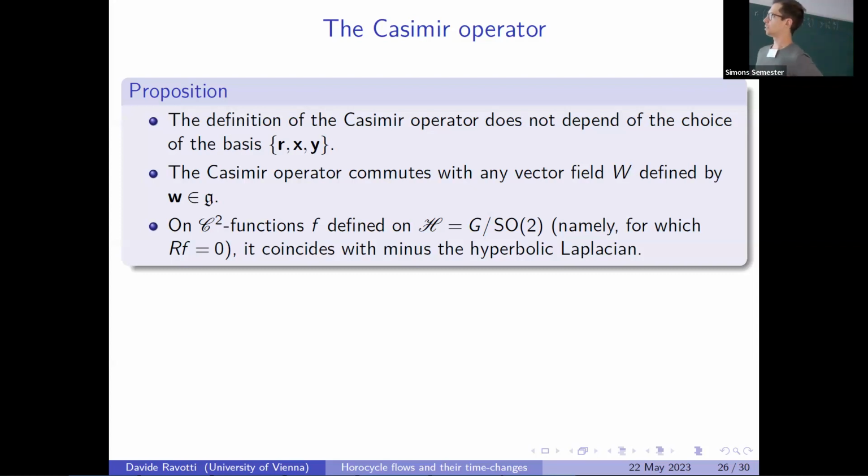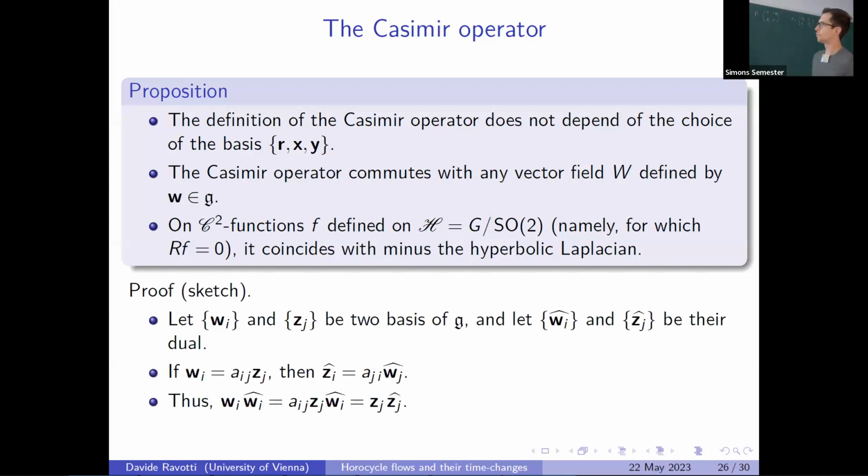Let me sketch at least a proof of this proposition. So the first point basically is a consequence of the definition. So recall that I have to show it's independent of the basis. So let us fix two bases, one W_i's and one Z_i's, and the dual basis. And now the proof is just something you have to remember from linear algebra.